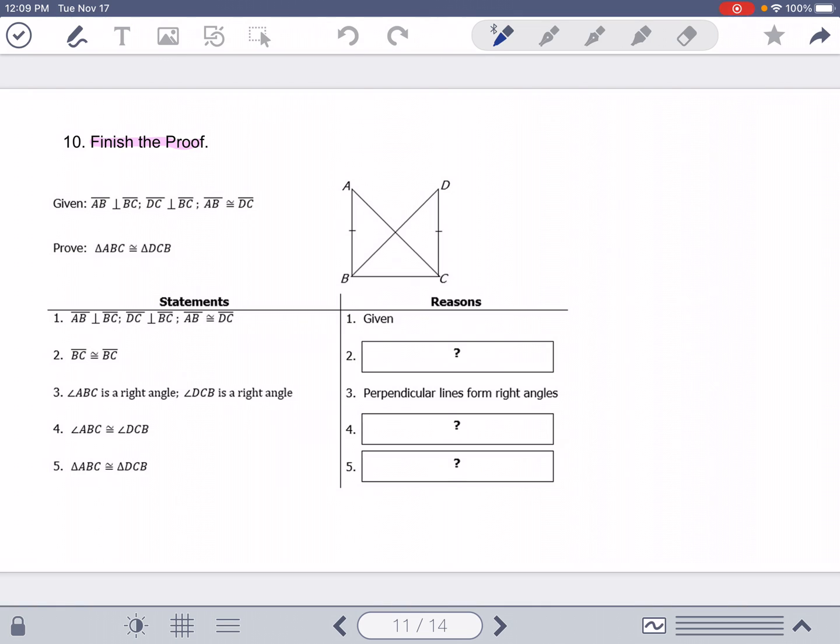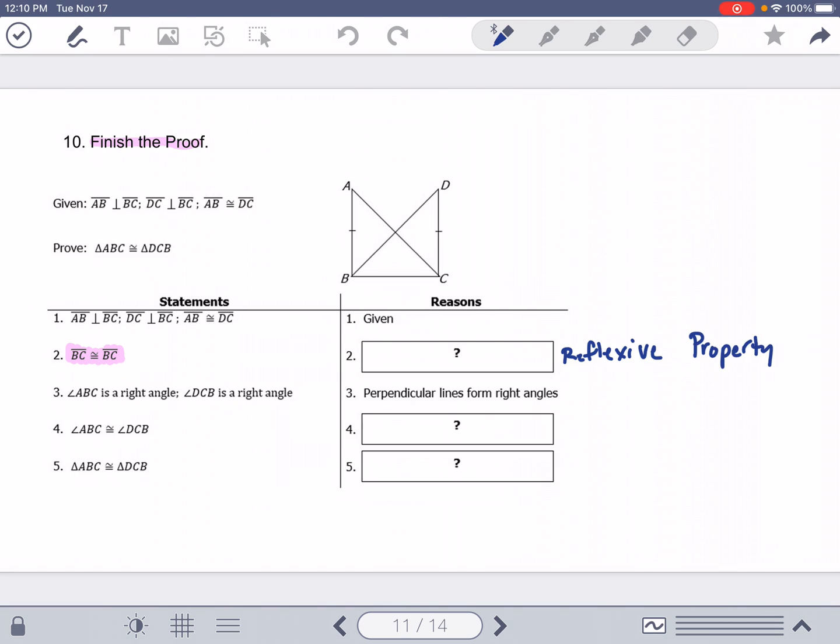BC congruent to BC. How do I know that? That's the same thing, and this is one of those properties. This is the reflexive property.